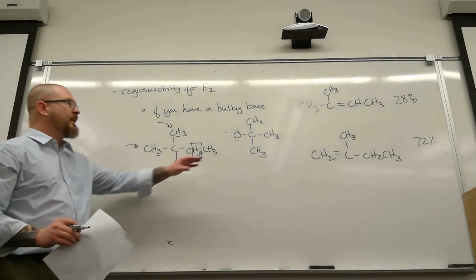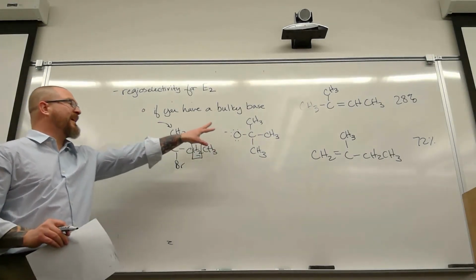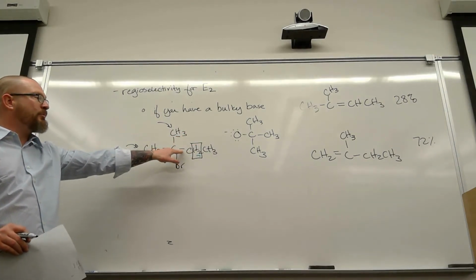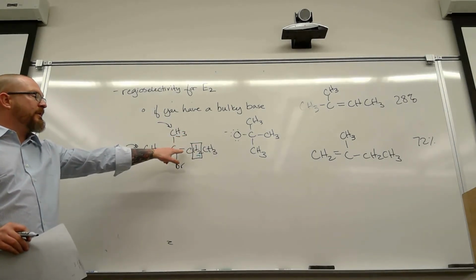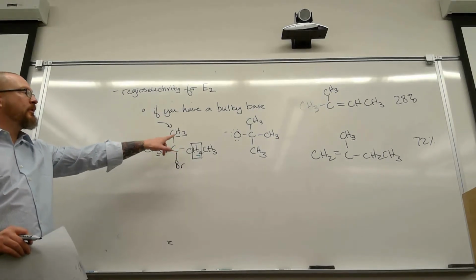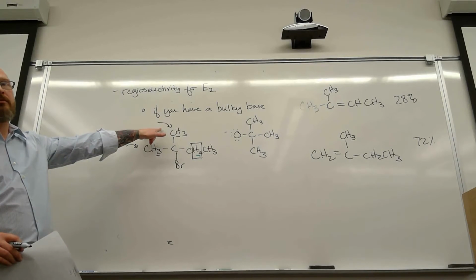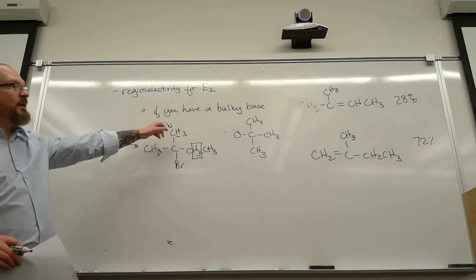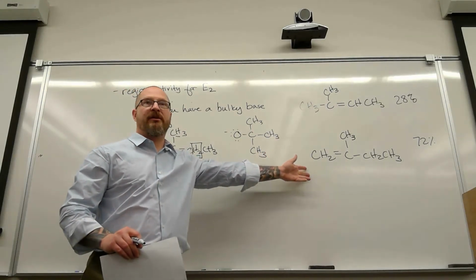So because our base has a hard time accessing this proton, even though this would be a preferred intermediate because of its stabilization of its double bond character, realistically you're going to access these positions more readily, and so it's going to be preferred because of the bulky base.